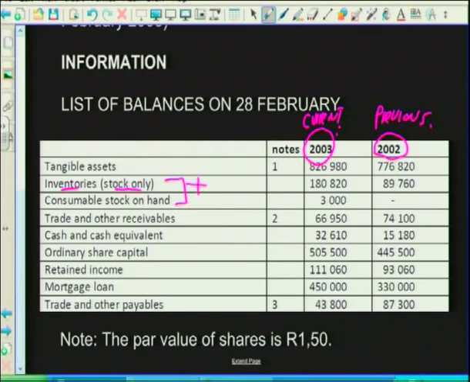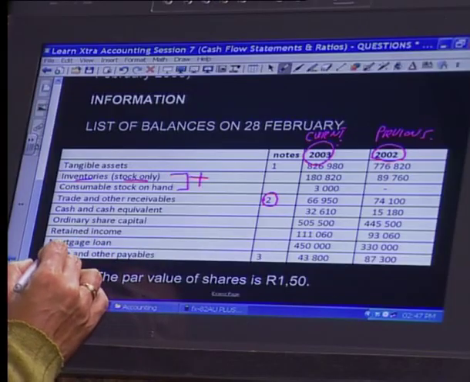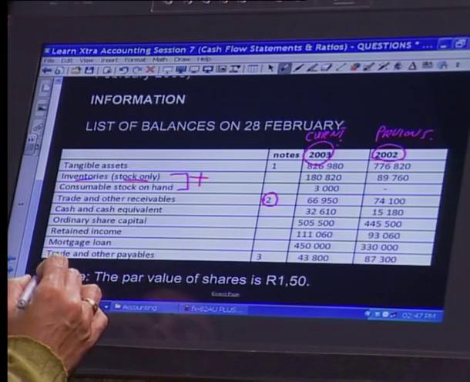So I'm going to make a little note that when I'm doing my cash flows, I need to add these two items. Then I've got trade and other receivables, and they're asking me to refer to note number 2, cash and cash equivalent. So bank is obviously favorable. I've got favorable cash and cash equivalent, ordinary share capital, retained income, and then I've got a mortgage loan.